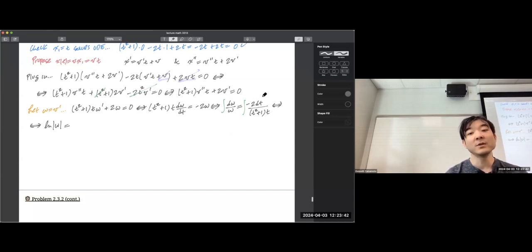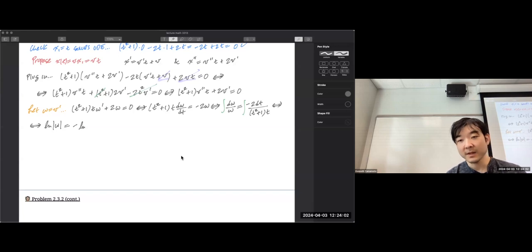So after you do that integral, you'll get something that looks like this actually. So it's going to be a negative, because there's a negative in the front of this, and then it's going to be basically ln of something minus ln of something, because it's going to be like taking the partial fractions.